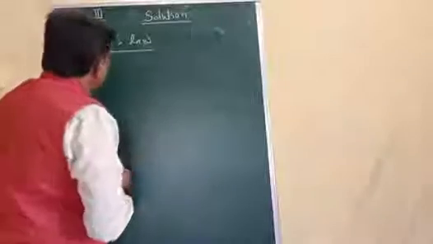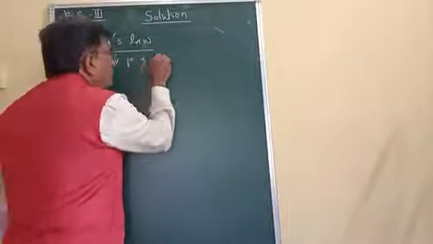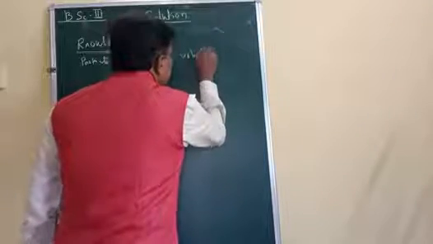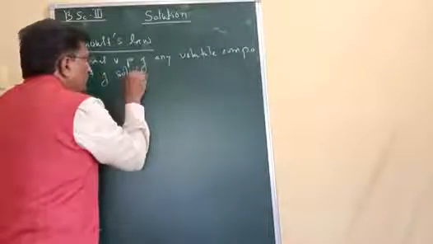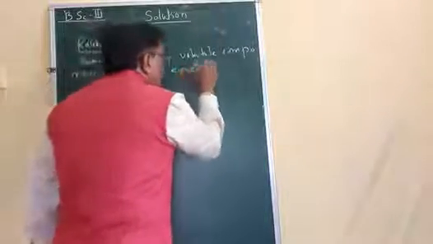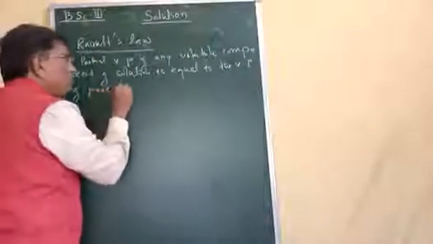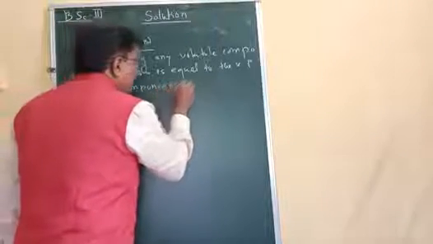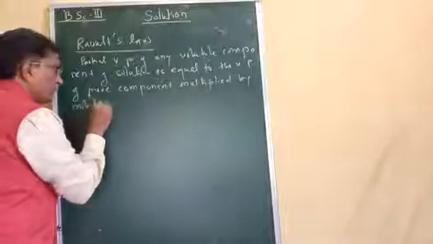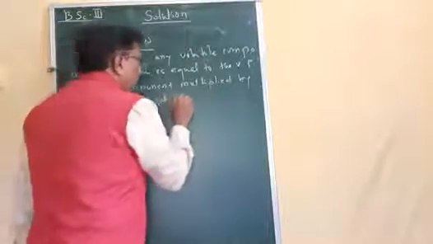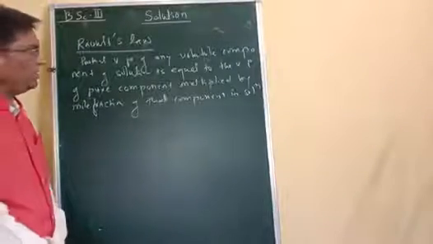Now, this law can be stated as: the partial vapor pressure of any volatile component of solution is equal to the vapor pressure of the pure component multiplied by the mole fraction of that component in solution.